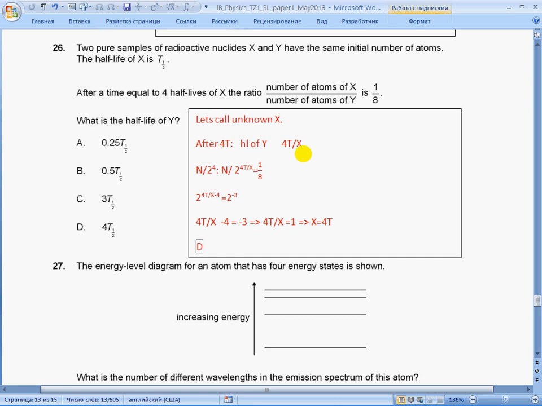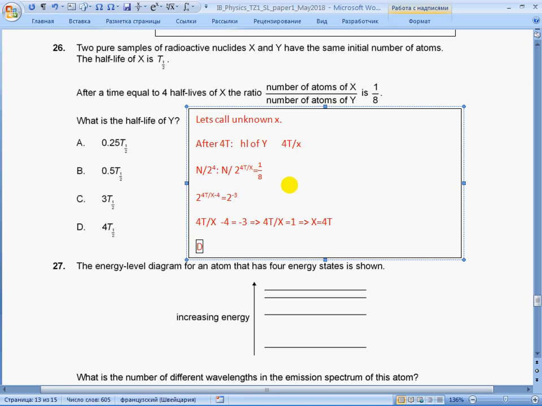Let's call it small x. So after 4T, the number of half-lives of Y is 4T/x.